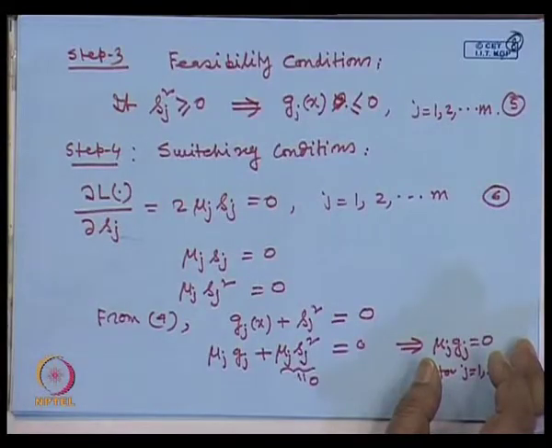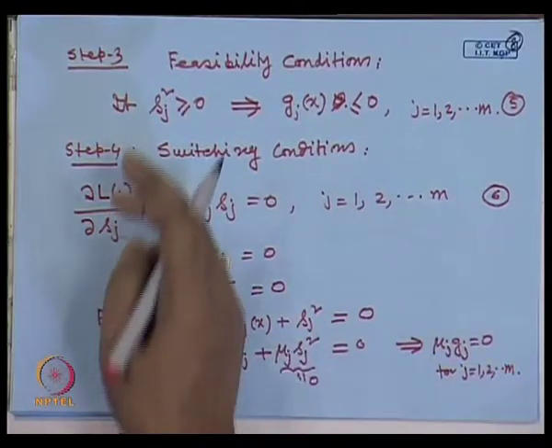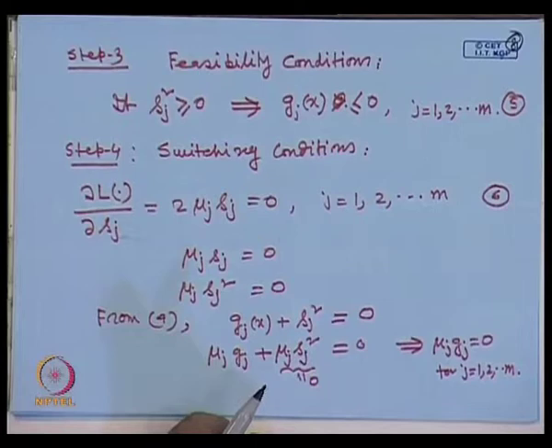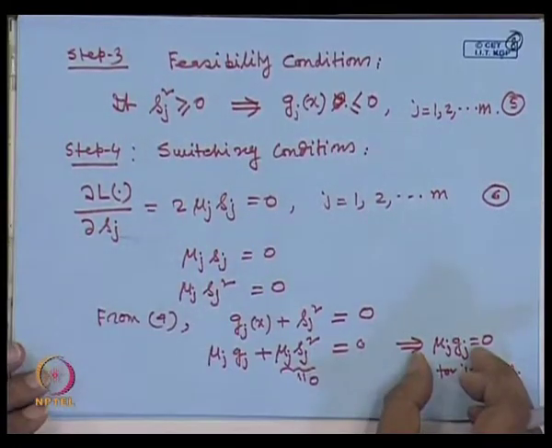So, from now onwards, if you want to solve this, for the necessary conditions you will write del L with respect to x, del L with respect to lambda, del L with respect to s and with respect to mu, which merge together. I will write these conditions.